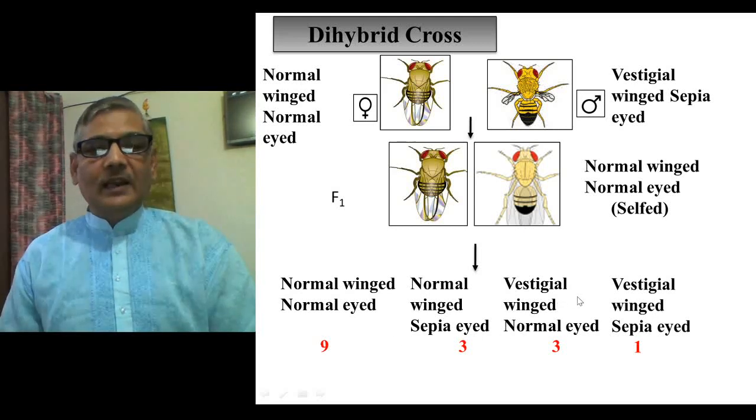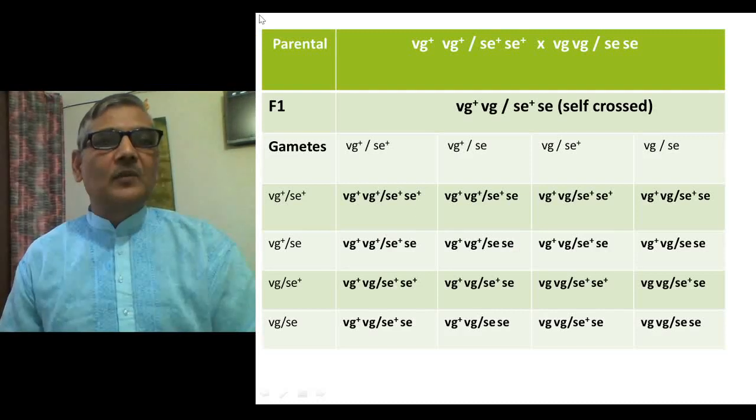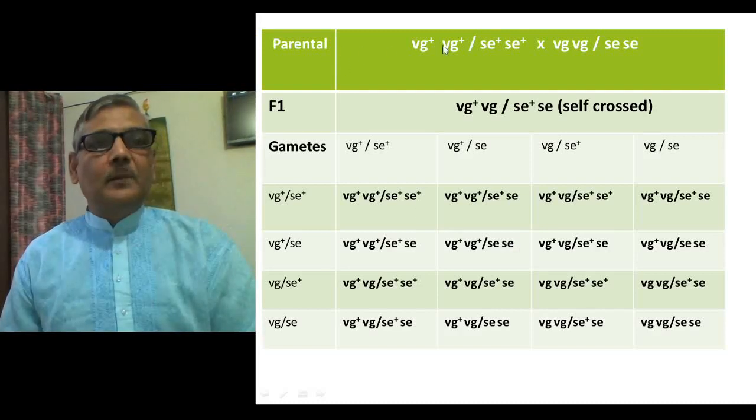Now we can analyze this entire result, which is giving only the phenotypic expression, by seeing it in more detail. What I showed, that parental flies possessed normal wing, that is Vg+.